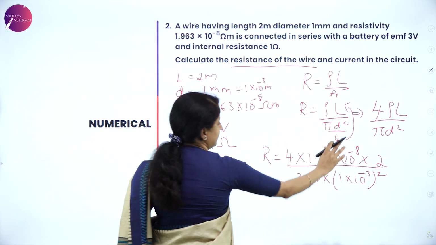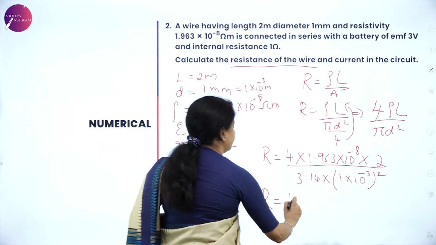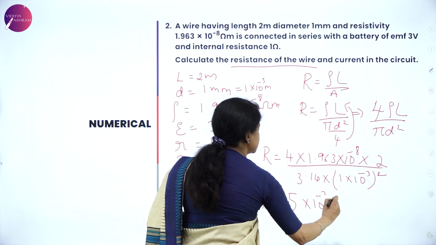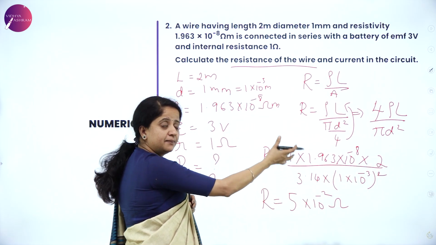And now simplifying this, we get the resistance of the wire R is equal to 5 into 10 power minus 2 ohms. Here it is 10 power minus 3 into 2, then it is 10 power minus 6.